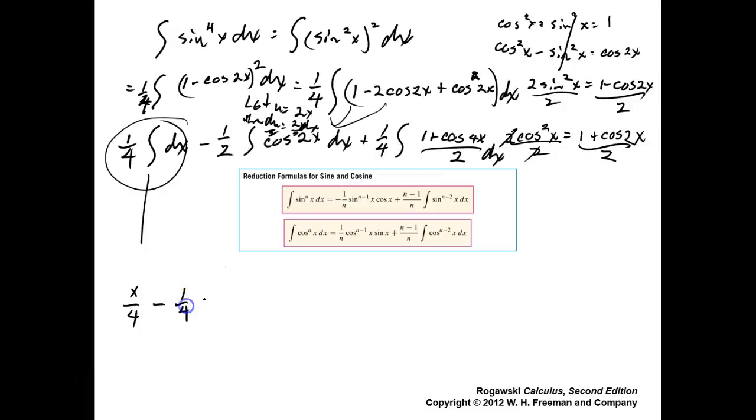Okay? All right? And that was then the integral of cosine u. And what's that? Sine u. Yeah. So it would be sine u, but u is 2x.